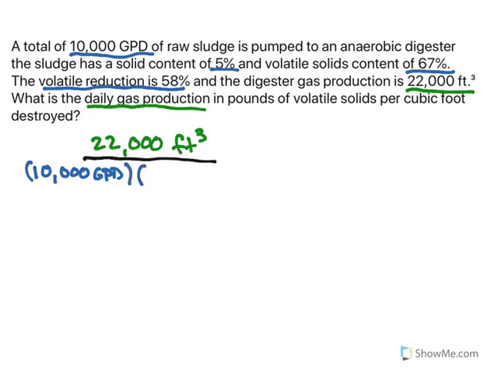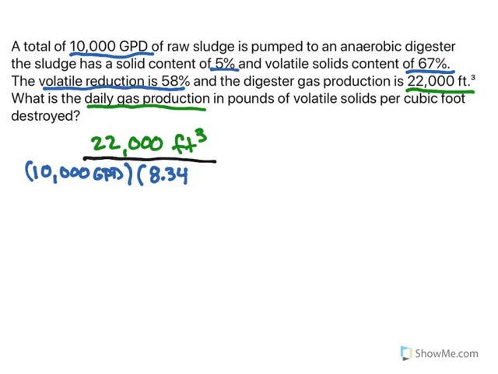For the purposes of this problem and the other problems in this chapter, we're to assume that this sludge weighs 8.34 pounds per gallon, or has the same density as water, which honestly is typically not the case. Otherwise, it would not be sludge. Usually, sludge has a slightly higher specific gravity than water, which is why it sinks to the bottom of a tank and separates from the water.